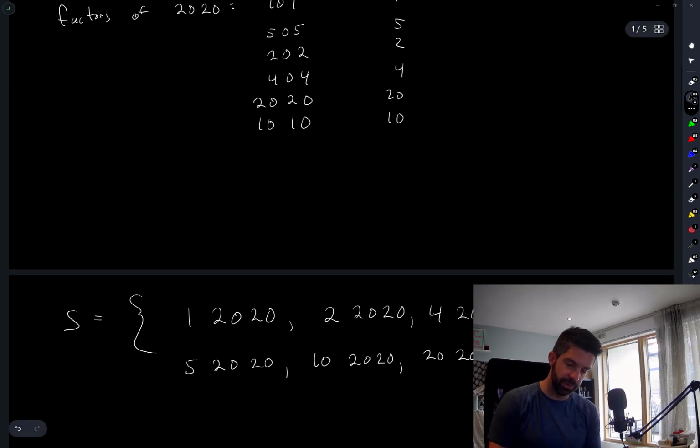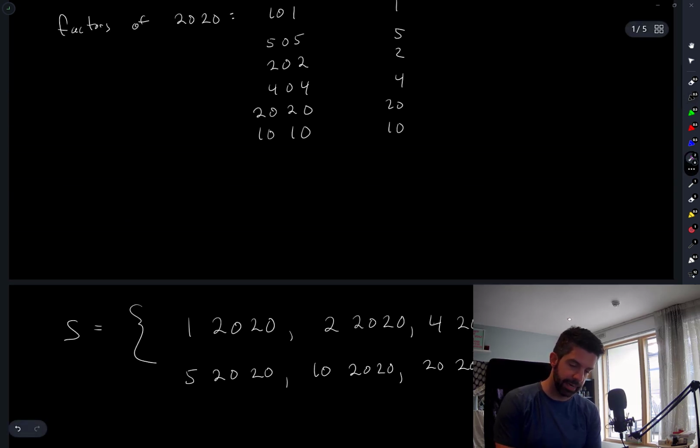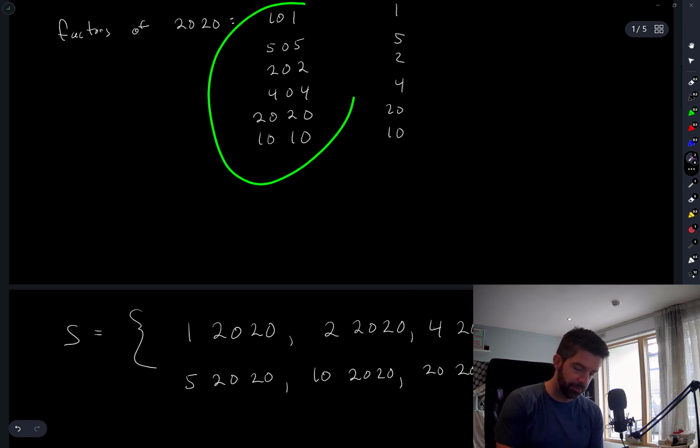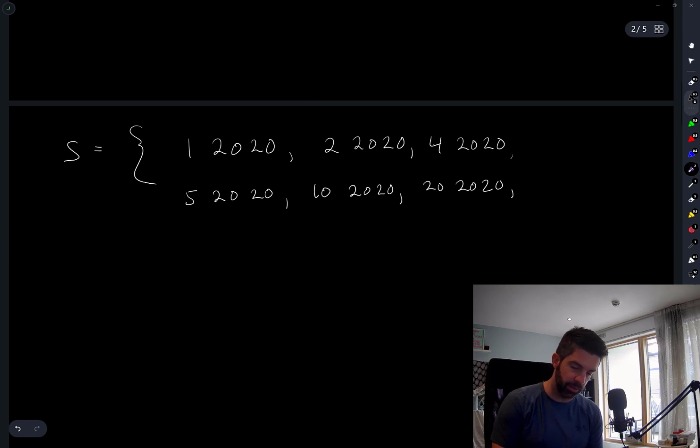All I'm doing to get all the numbers in S is writing out all of these numbers followed by 2020. I'm not going to write it all out because we're asked for the sum of all the digits.